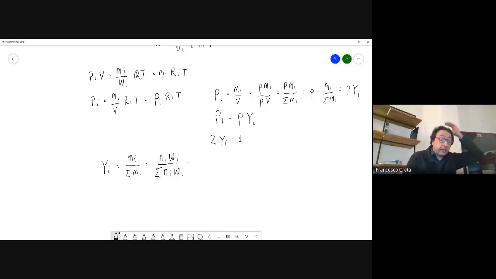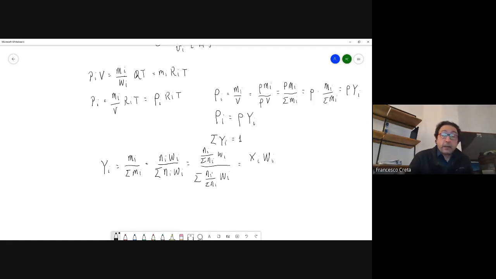If you divide the numerator and denominator by the total number of moles, you have something of this sort. And clearly, this by definition is your mole fraction.